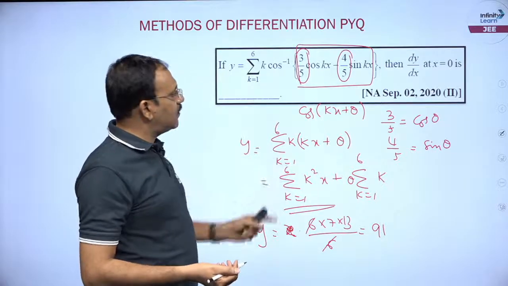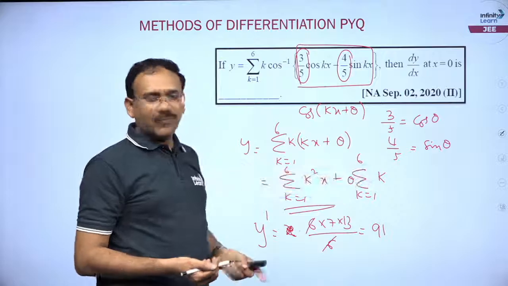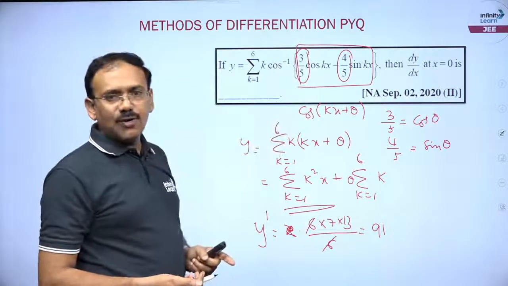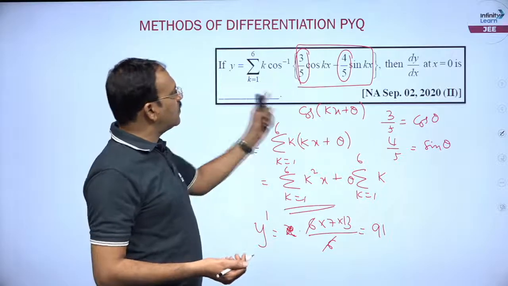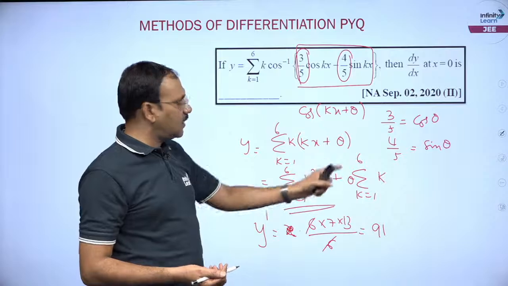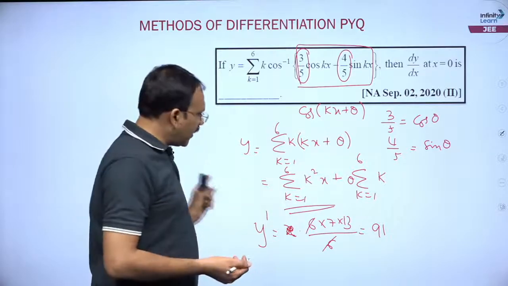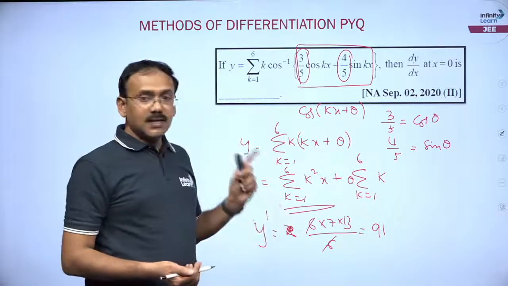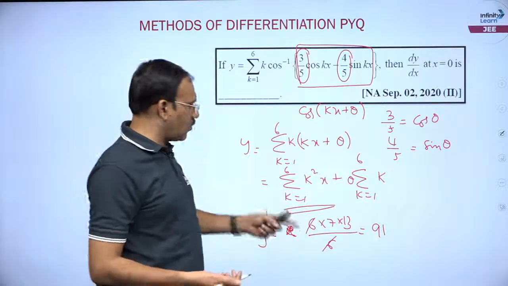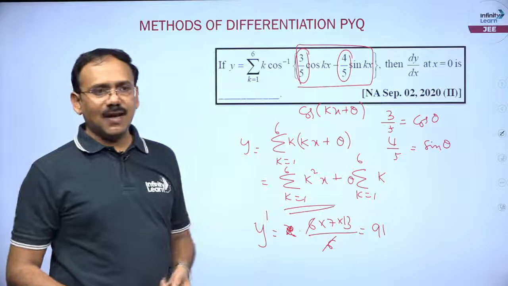So, I can say because theta is around some first quadrant, x is also nearby 0. So, this is cos inverse of cos x, I have written x itself. So, k square x plus k theta. Now, if I apply sigma, it comes like this. Here some number into x plus some number, derivative means x coefficient itself, 91 is the answer.